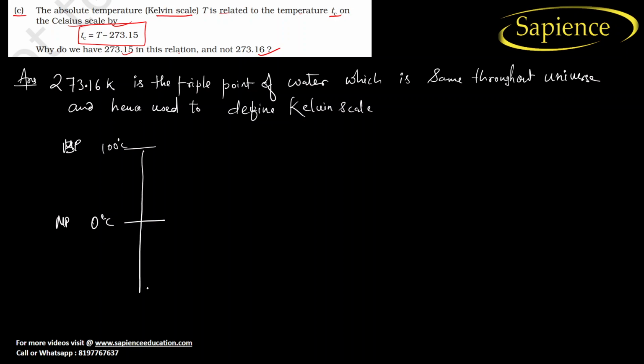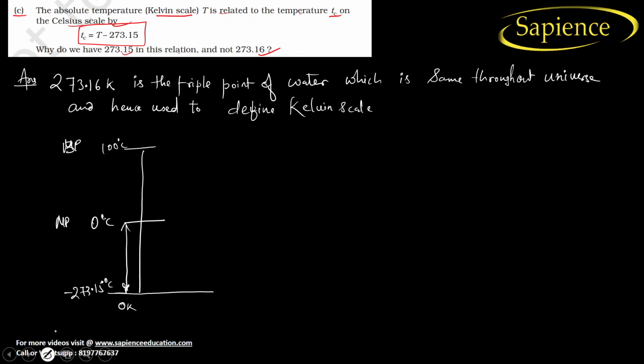But after some time, we found that there is another temperature, which is the lowest temperature, and for the lowest temperature we got 0 Kelvin. In degree Celsius, if we convert it, it will be minus 273.15 degrees Celsius. So it means that this length is minus 273.15 degrees Celsius.